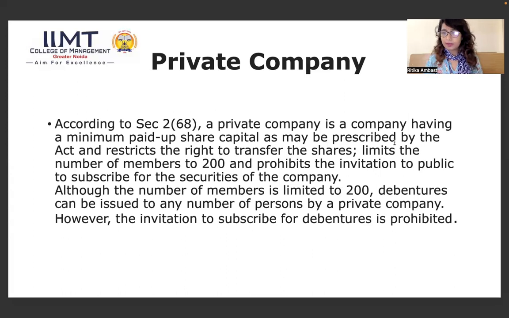Here, the maximum limit is 200 members. Although the number of members is limited to 200, debentures can be issued to any number of persons by a private company. However, the invitation to subscribe for debentures is prohibited.